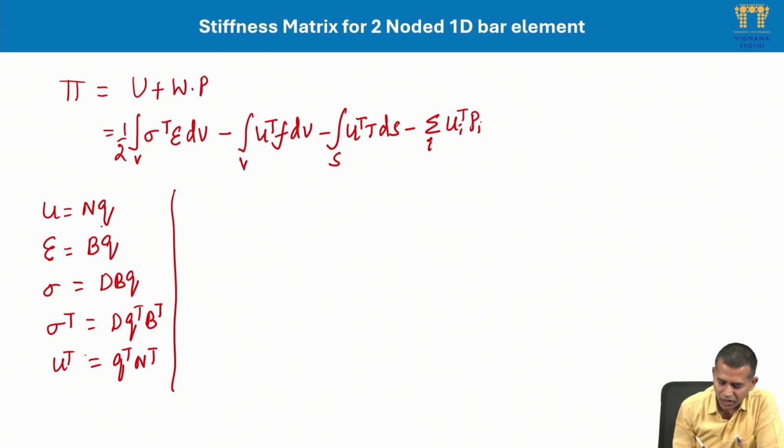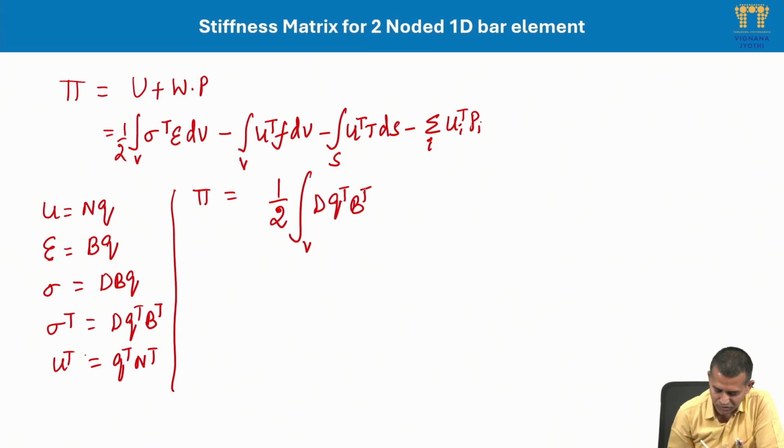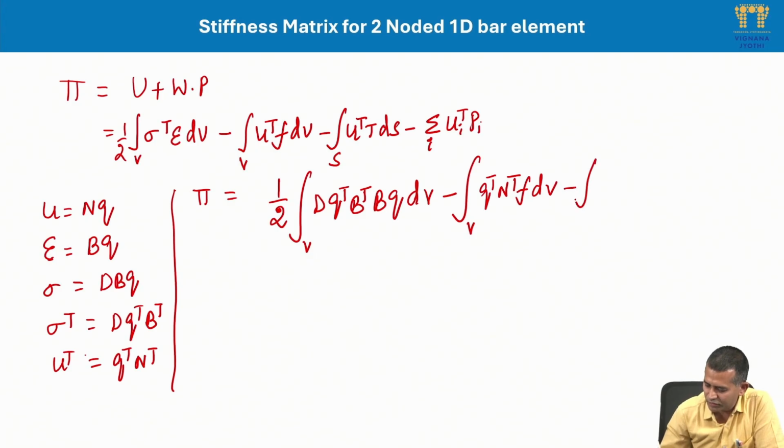Substituting into the potential energy expression: the volume integral of D Q transpose B transpose B Q dV, plus the volume integral of Q transpose N transpose F dV, minus the surface integral of Q transpose N transpose T dS, minus the sum of all the forces acting at different points, those are all point loads.